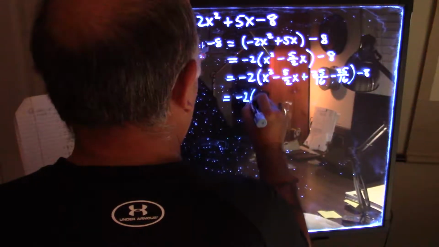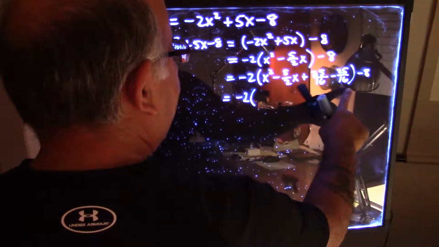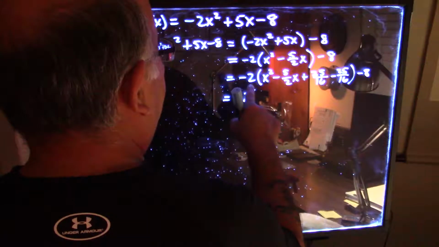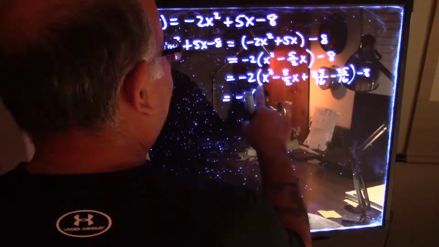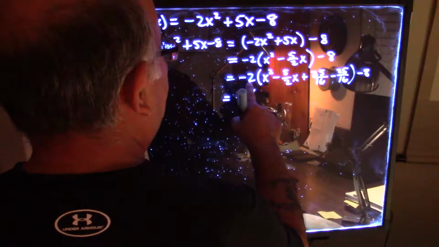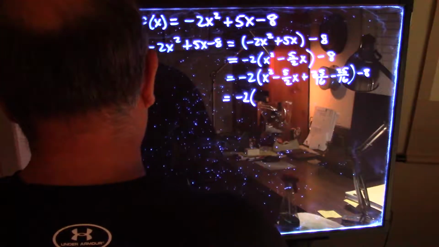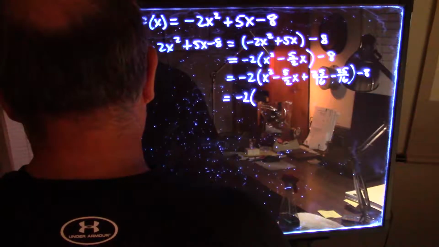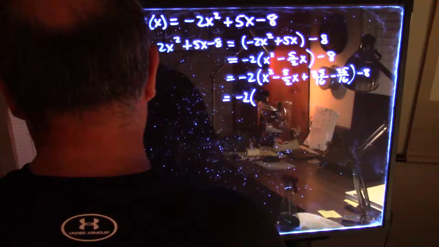Now I want to bring that negative 25/16 out, but before I do that I have to multiply first by negative 2, because the negative 2 is multiplying everything in the parentheses. Negative 2 times negative 25/16: the 2 will cancel with the 16, and that gives you a plus 25/8.